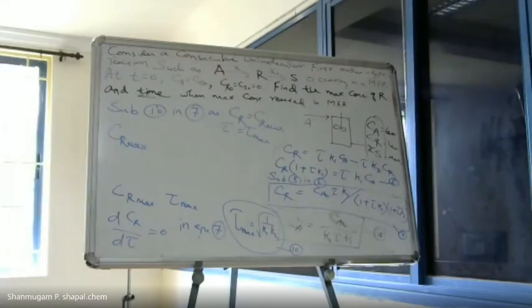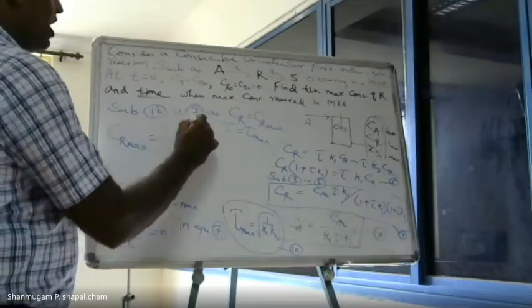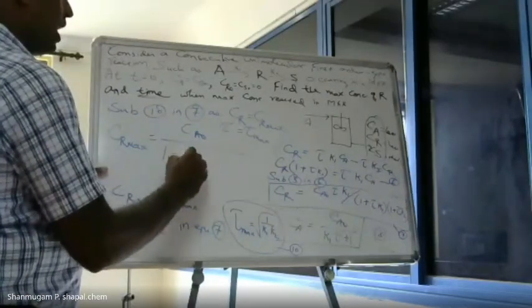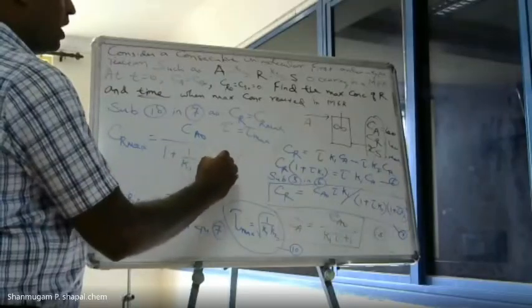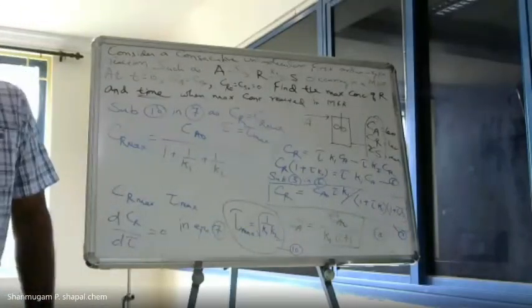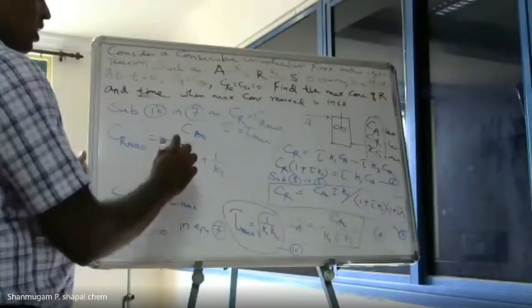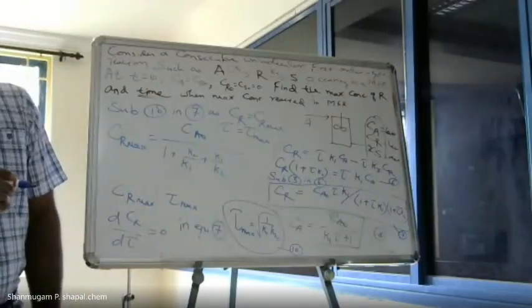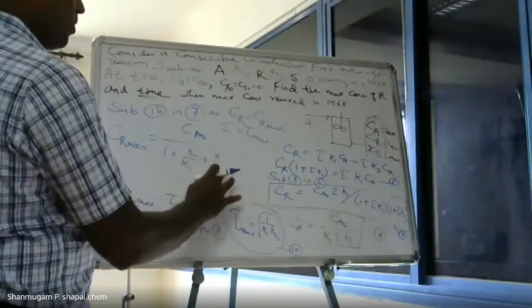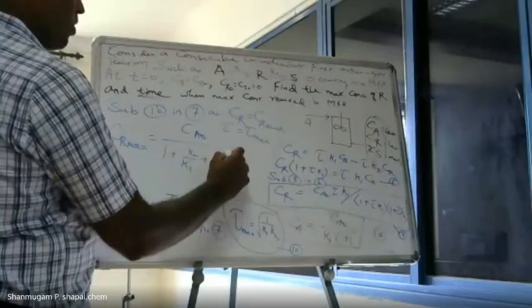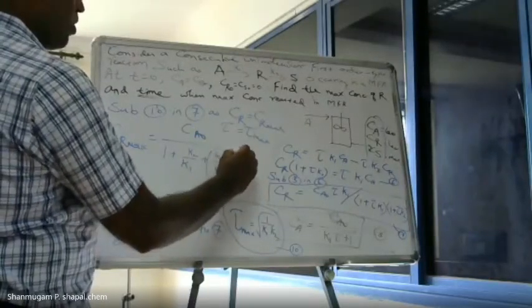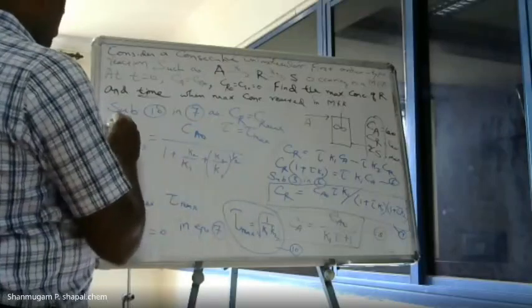So CR max is actually something you get as CA naught by 1 plus 1 by K1 plus 1 by K2, with square roots.